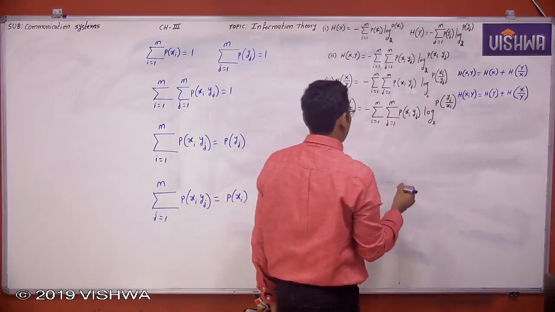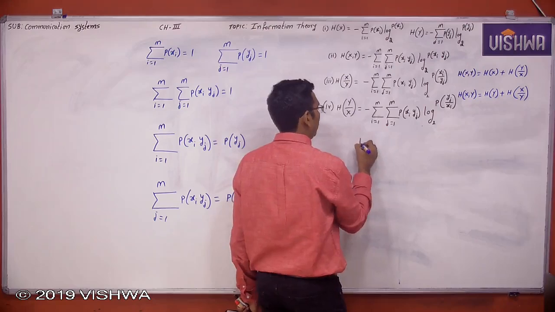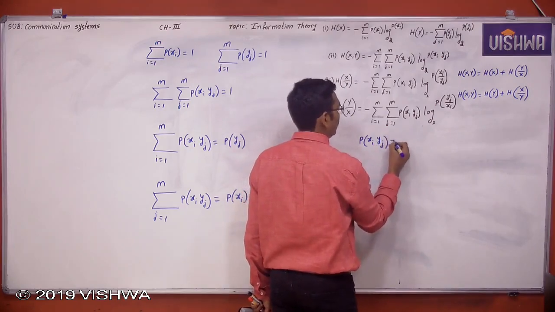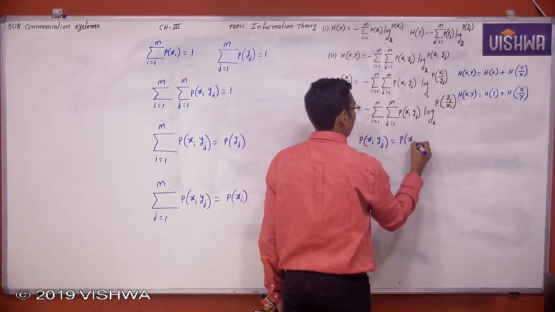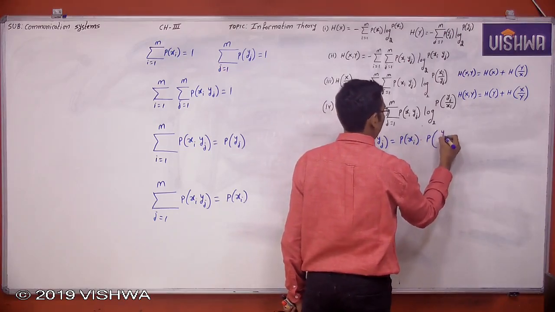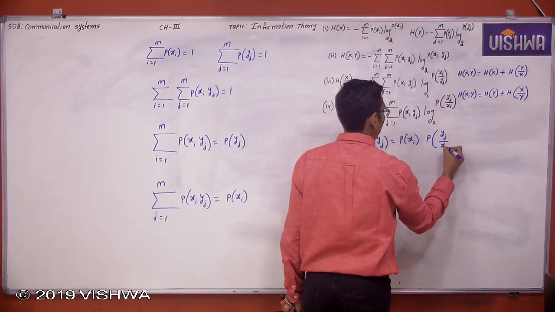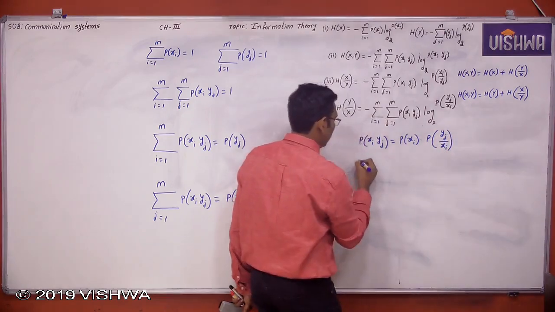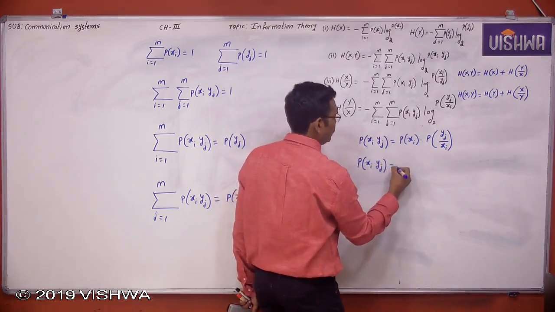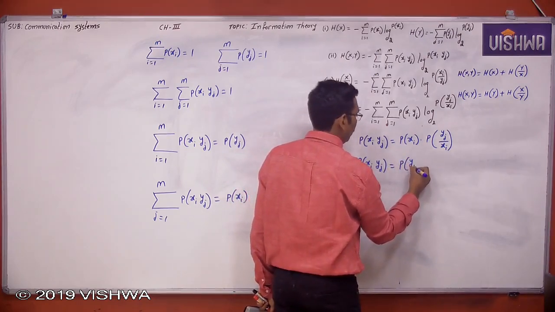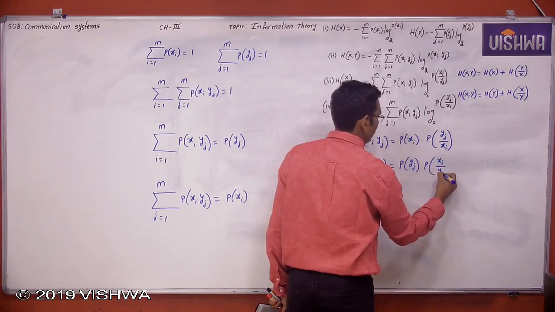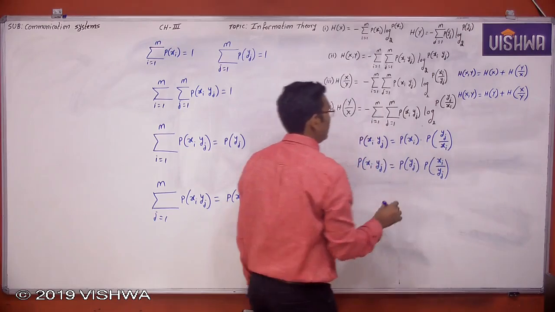And one more formula is also important. Now see here, P of x_i comma y_j is equal to P of x_i into P of y_j by x_i, or P of x_i comma y_j is equal to probability of y_j into probability of x_i by y_j.